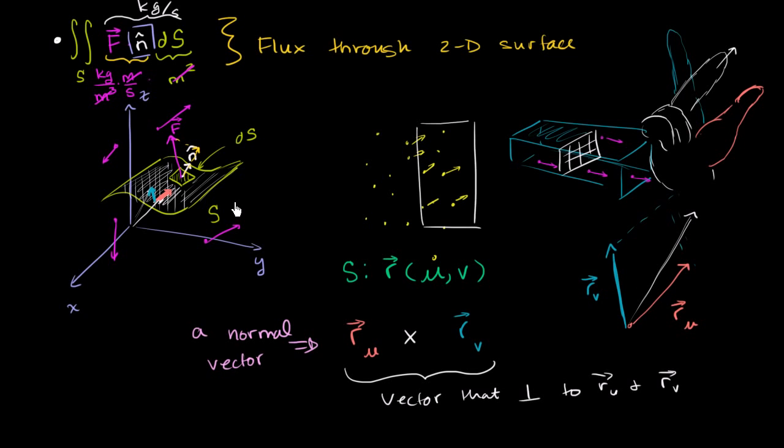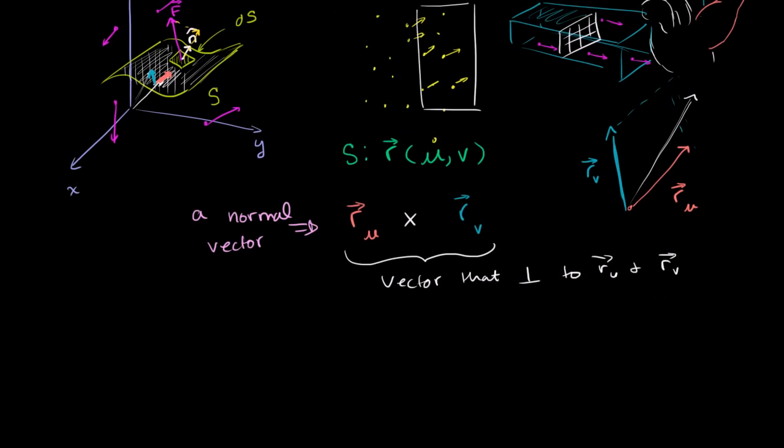Now, in order to go from a normal vector to the unit normal vector, we just have to normalize this. We just have to divide this by its magnitude. So now we have our drum roll, the unit vector, and it's going to essentially be a function of u and v. You give me a u or a v, and I'll give you that unit normal vector.